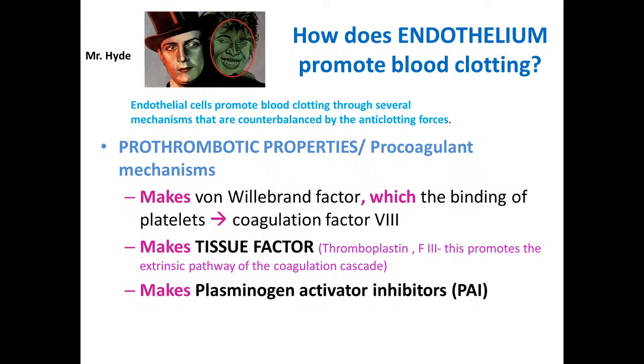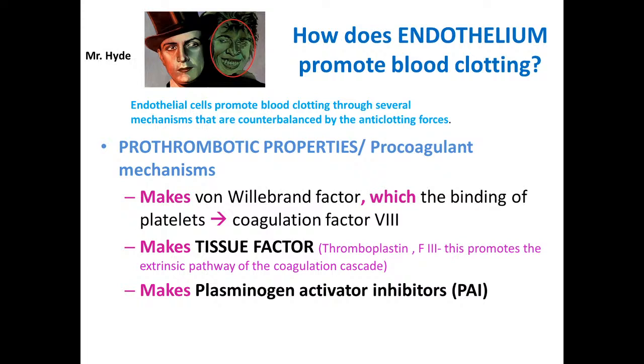How does endothelium promote blood clotting? Mr. Hyde. Endothelial cells promote blood clotting through several mechanisms that are counterbalanced by the anti-clotting forces. Prothrombotic properties, procoagulant mechanism: they make von Willebrand factor, which mediates the binding of platelets, coagulation factor 5, and tissue factor, thromboplastin factor 3.